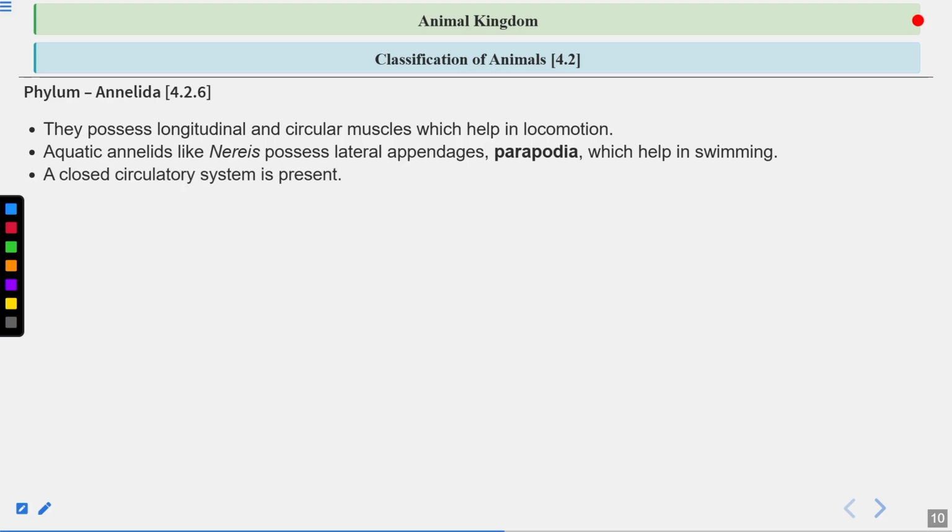Closed circulatory system is present. We have discussed the closed type of circulatory system in our first lecture. There are 2 types of circulatory system: closed circulatory system and open circulatory system. So what is the meaning of closed circulatory system? When the blood is pumped from the heart, it is pumped via vessels. So we have 3 different types of vessels: arteries, veins, and capillaries, right?